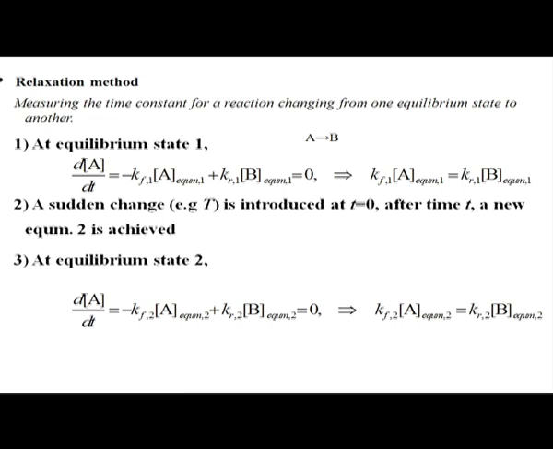If you perturb your system very slowly, then the system will also relax slowly, and in that case it will not be very useful to follow fast kinetics. So to follow a fast process, you have to perturb very fast.